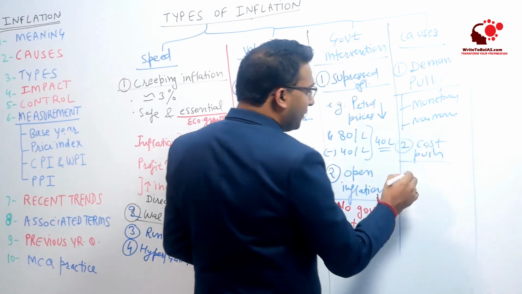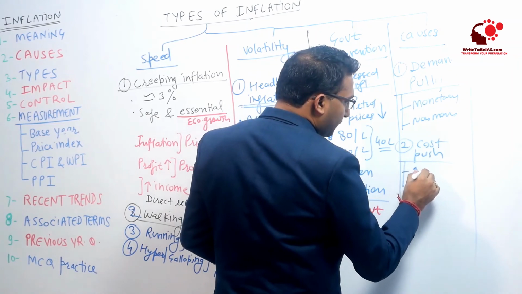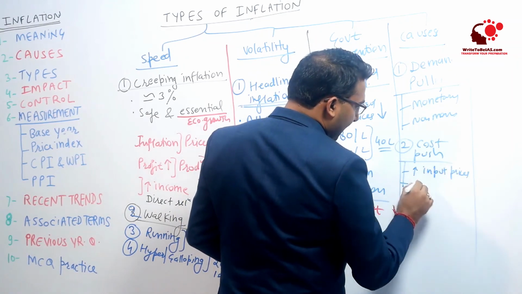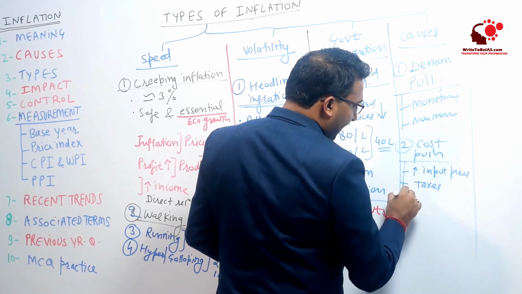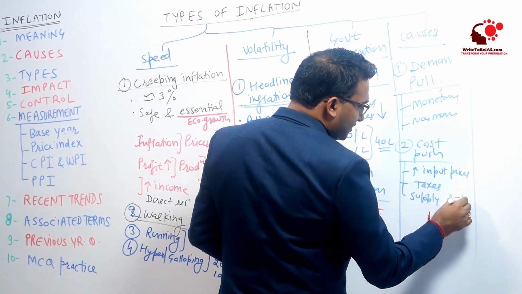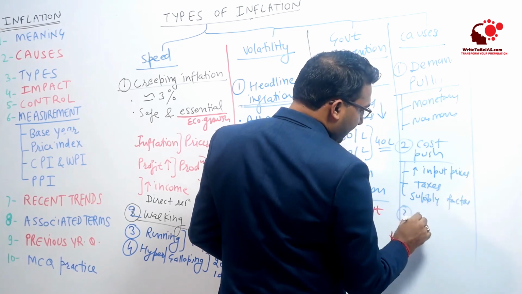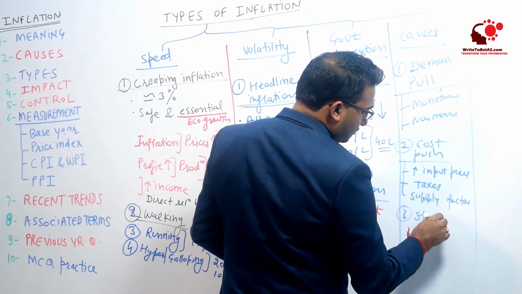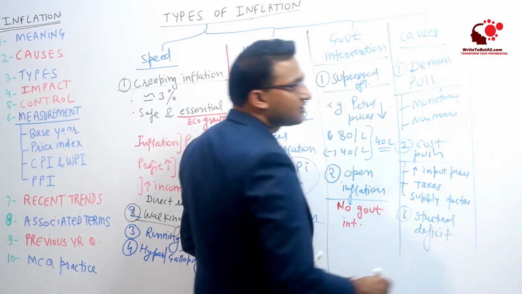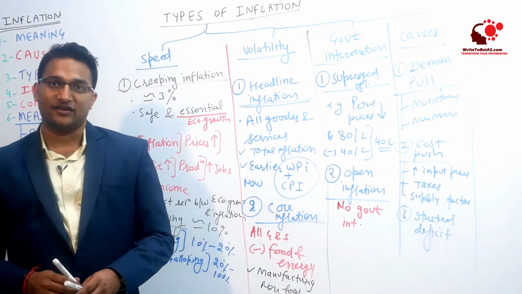This cost push can again be categorized into increase in the input prices, taxes, and supply shock factors. And last is the structural deficit factors like infrastructure, poor agricultural productivity, etc.